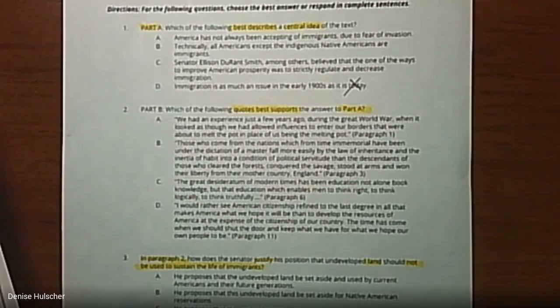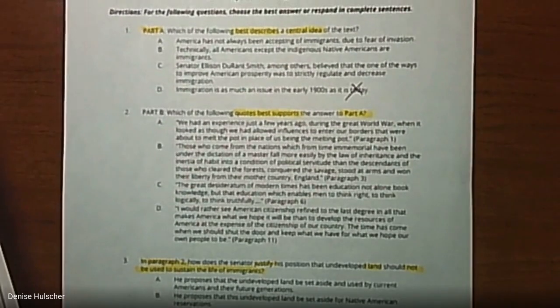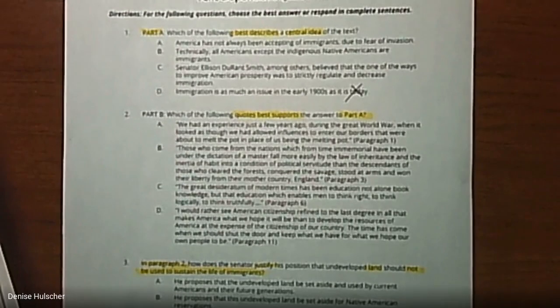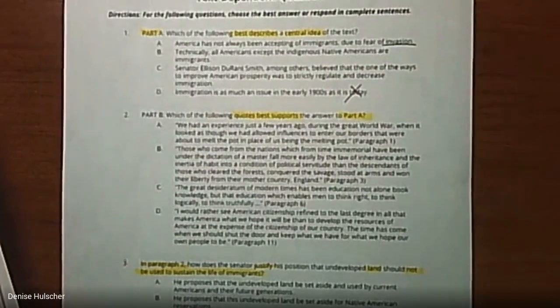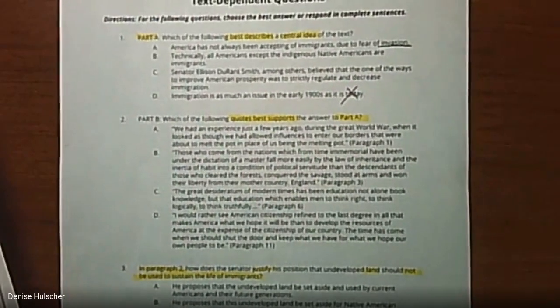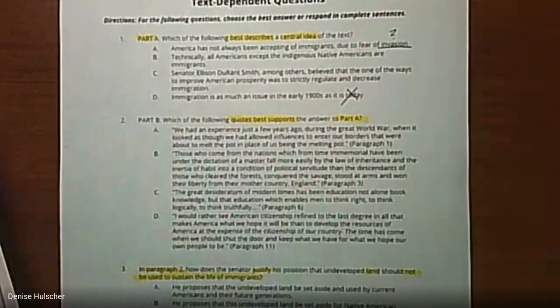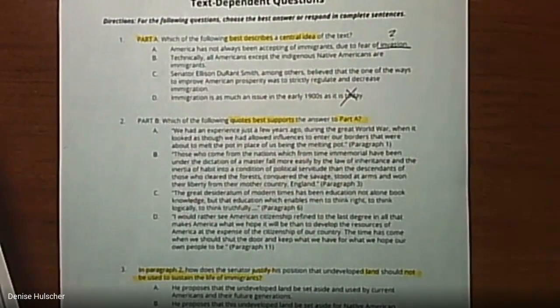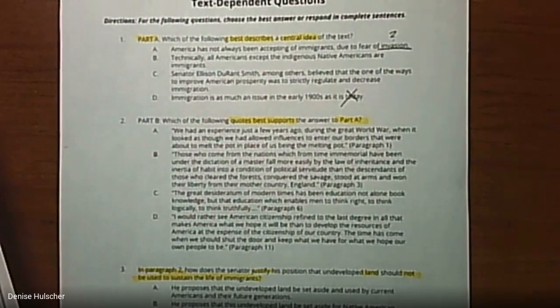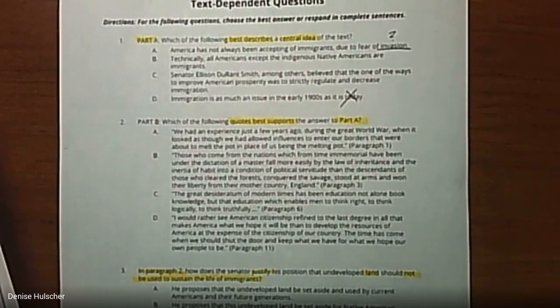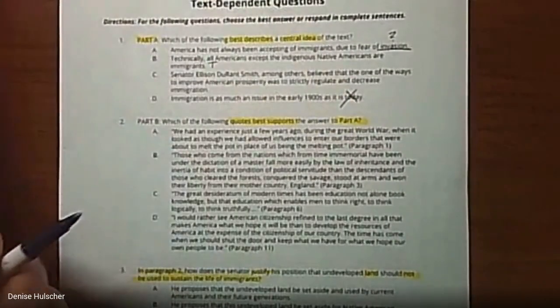Were we afraid of them invading us? Okay, that was part of it, right? But it was about using up the resources. So invasion might not really be the best. Technically, all Americans except the Native Americans are immigrants. Okay, that is true, but was that the main idea?